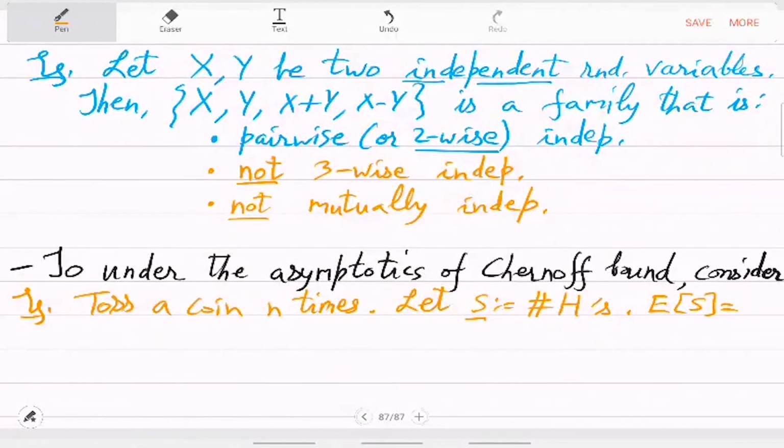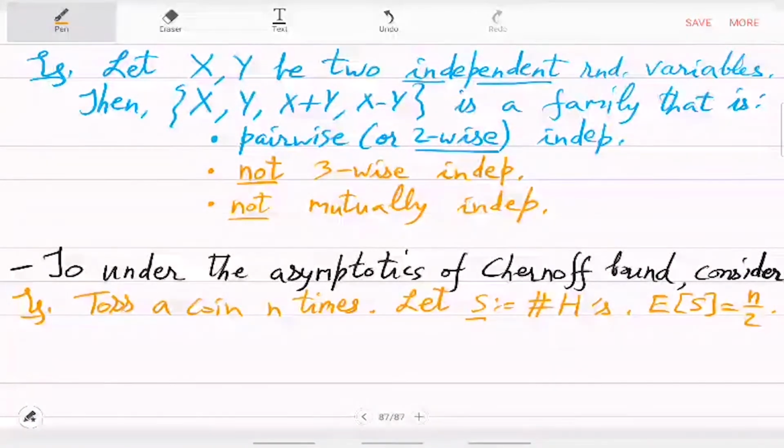So what is the expectation of S? Well, every toss is independent, these n tosses are mutually independent, and the probability each time of a head coming is half, so it is n by 2. It would have been n by 2 even if they were dependent, but anyways we are independently tossing them. So expectation is n by 2.